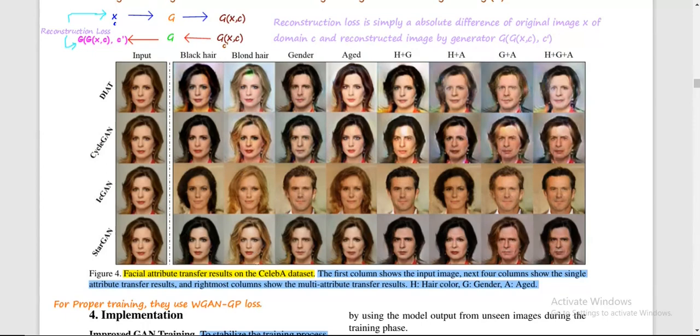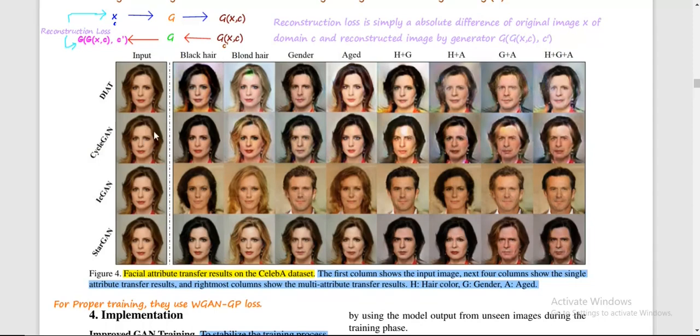StarGAN has high quality outputs, because the authors mentioned that StarGAN's architecture provides a slight regularization effect, because the model learns simultaneously from translating one input image to multiple domains, and that is why the model has some regularization effect compared to the other baseline models.